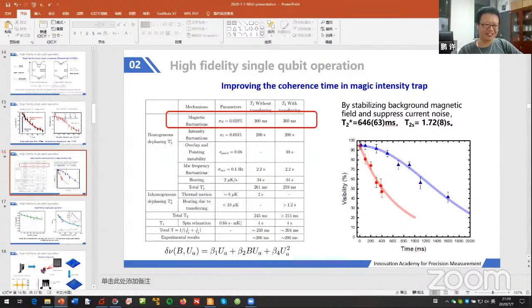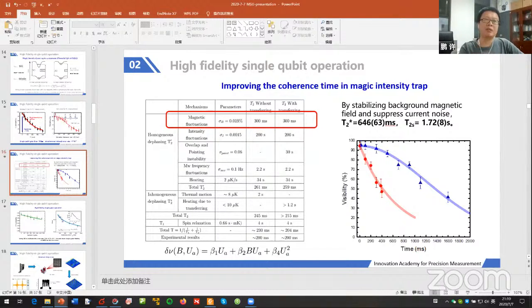Right now, people usually still use a focused laser, trying to find some balance between the crosstalk and the addressability, because when you use a small addressing laser, the operation fidelity will decrease, which is limited by the atom temperature.